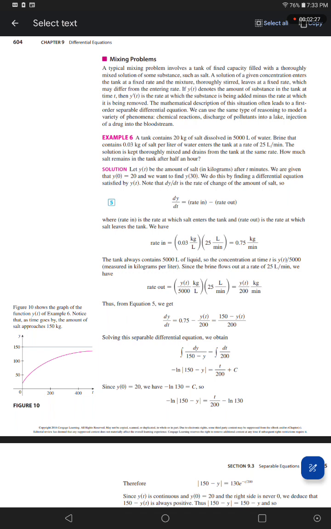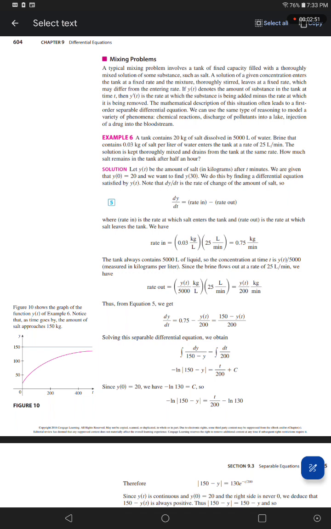Note that dy over dt is the rate of change of the amount of salt. So, equation 5: dy over dt equals rate in minus rate out, where rate in is the rate at which salt enters the tank, and rate out is the rate at which salt leaves the tank.